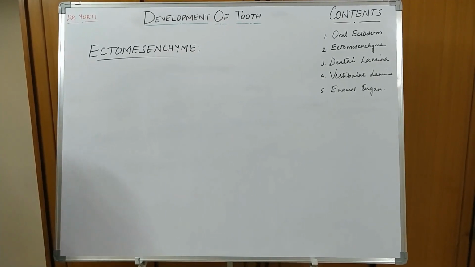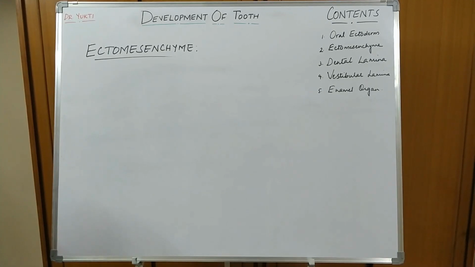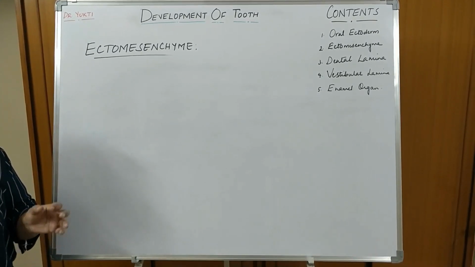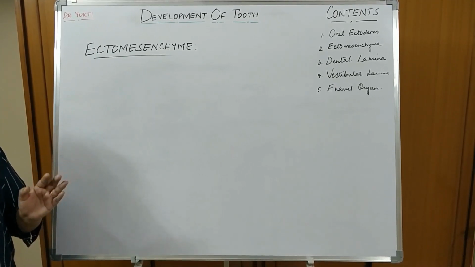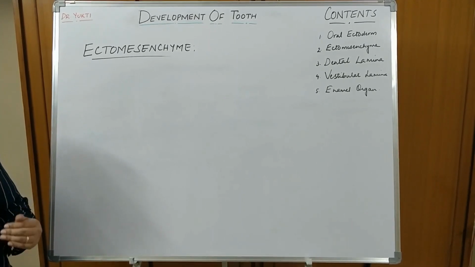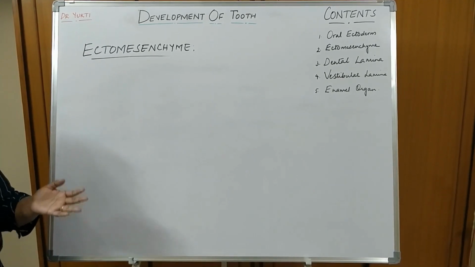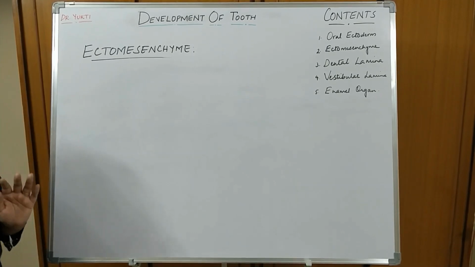One more thing I would like to mention, maybe most of you must know, but especially for BDS freshers: any epithelium in the body, anywhere in the body, is always supported by a connective tissue. Without the connective tissue, the epithelium cannot sustain itself, because epithelium does not have a blood supply of its own.